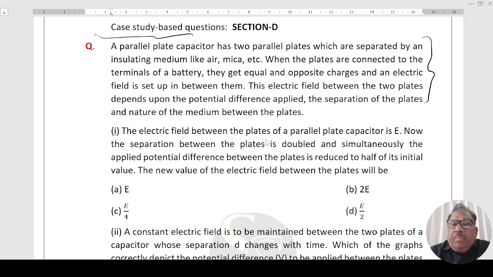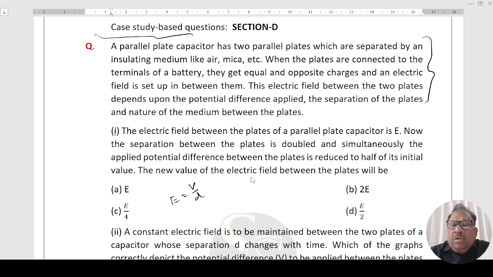The electric field between the plates of a parallel plate capacitor is E. The separation between the plates is doubled and the applied potential difference between the plates is reduced to half. The new value of electric field between the plates will be, you know, E equals V by d. According to the question, the applied potential between the plates is reduced to half.